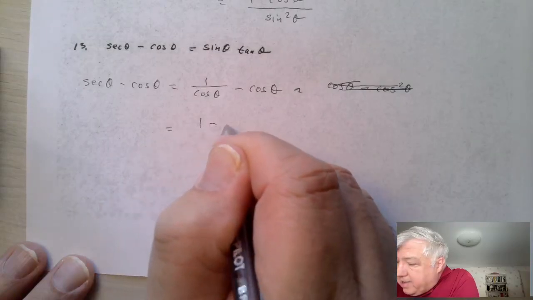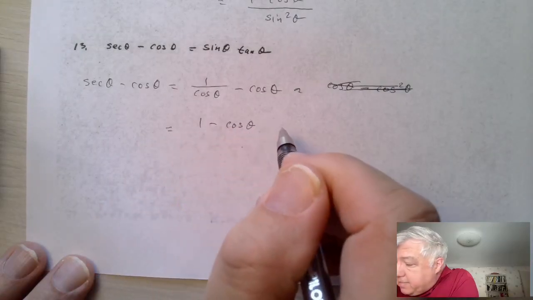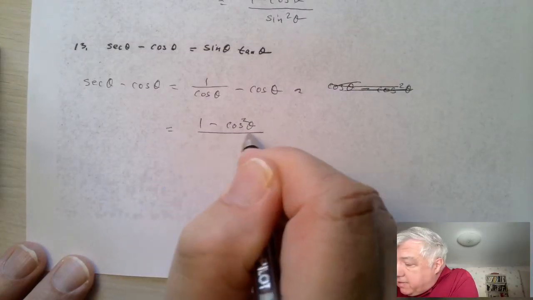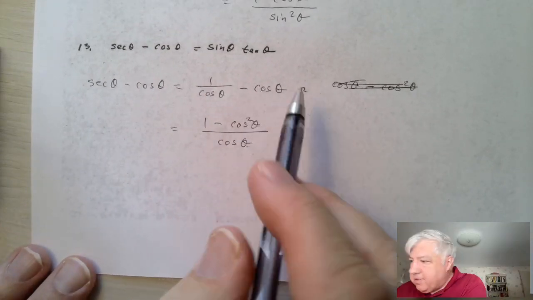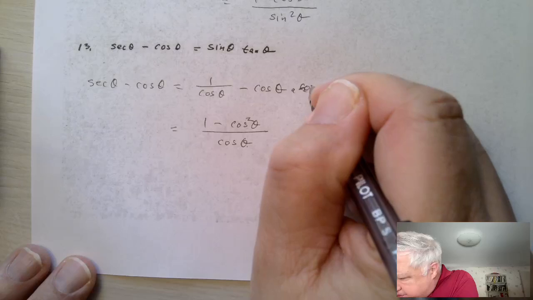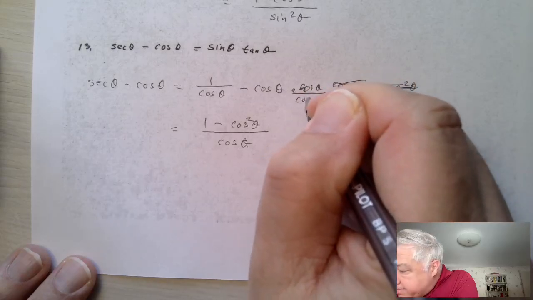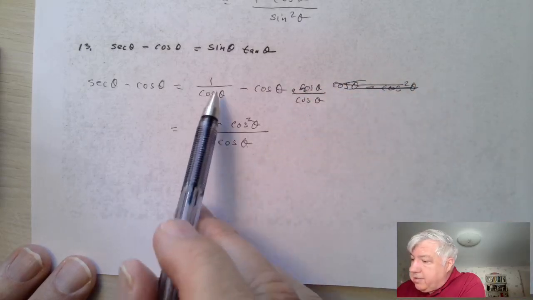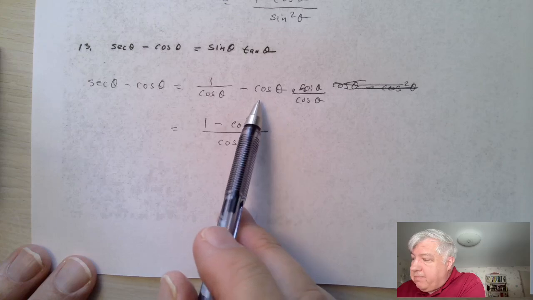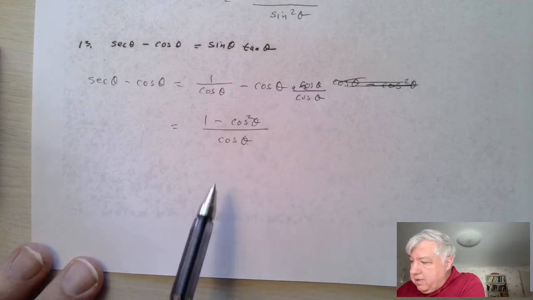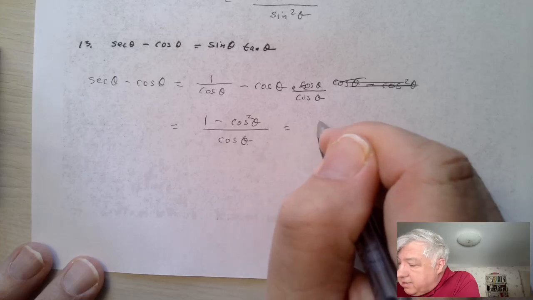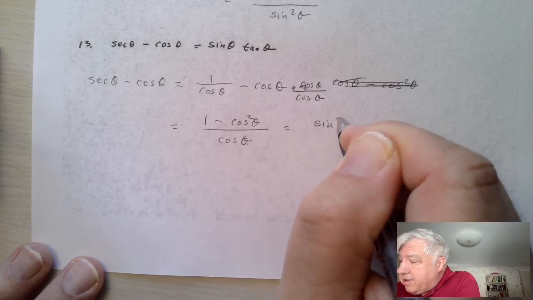This will be 1 minus cosine squared theta over cosine theta. Okay, so what we did here is we took this and we multiplied this by cosine over cosine. Okay, so this is 1 over cosine minus cosine squared over cosine, and then we bring this down, and then this is going to be 1 minus cosine squared, which is sine squared.